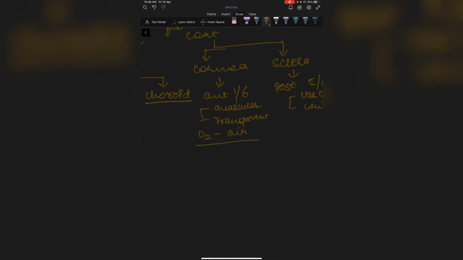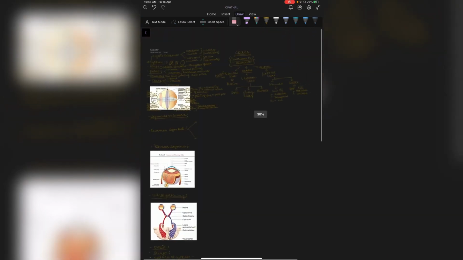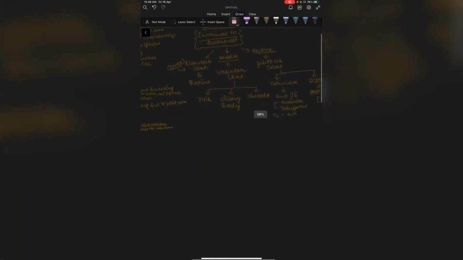What we see in front of the eye, in the mirror, is the transparent cornea, then the iris and the pupil. These are the only parts of the eye which are visible anteriorly, but behind it also contains a lot of things.